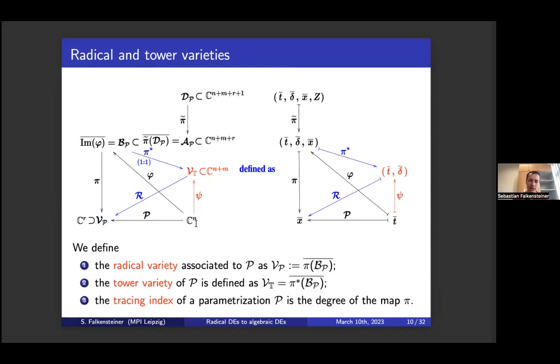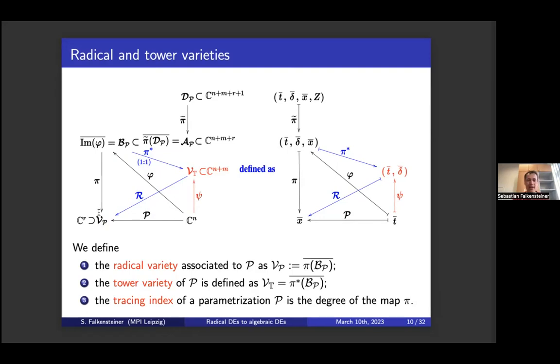We collect all the deltas and express the parametrization rationally in the deltas. So this is going up from the parameter values to such a variety Vt, which is called the tower variety, and then further or directly use this map I showed you on the previous slide.